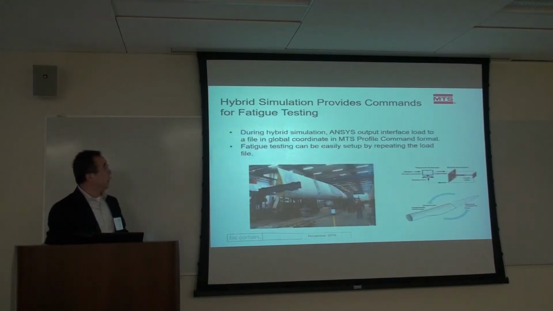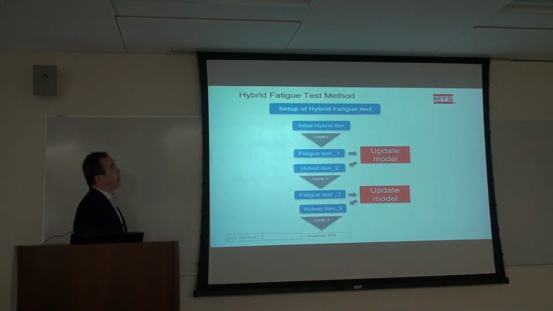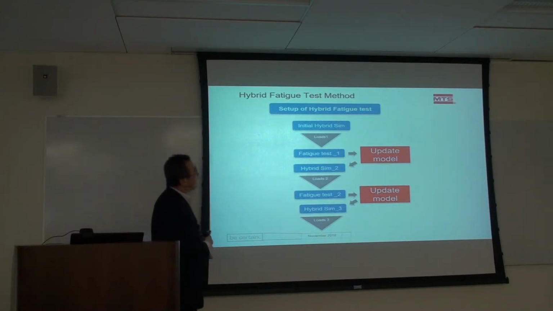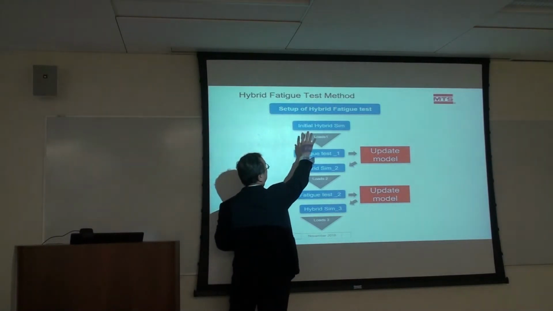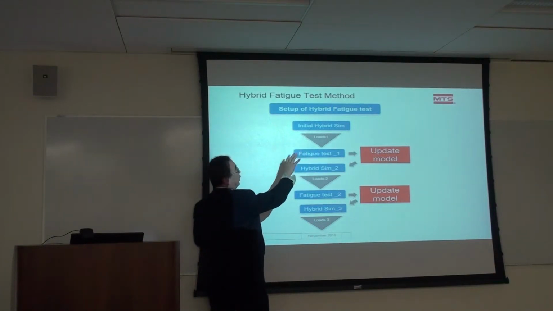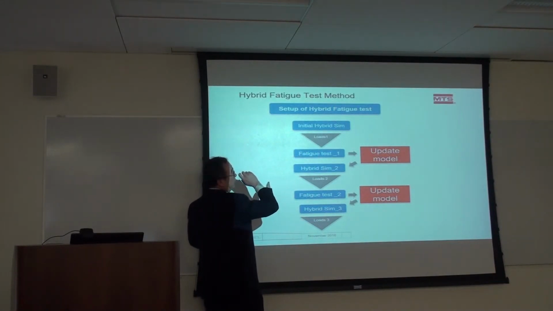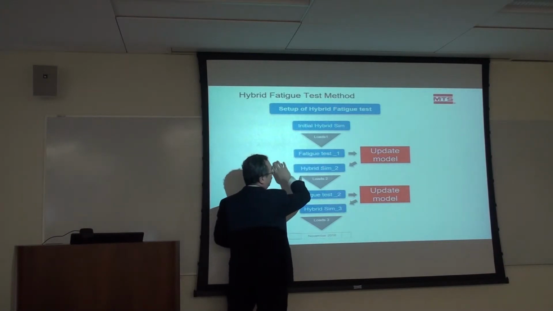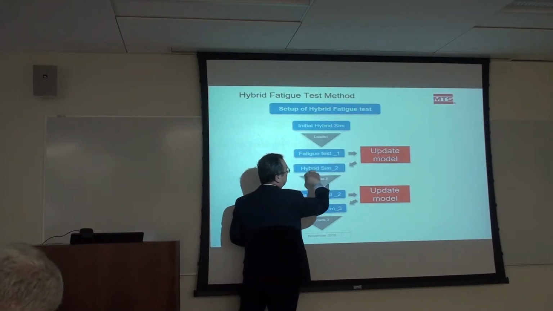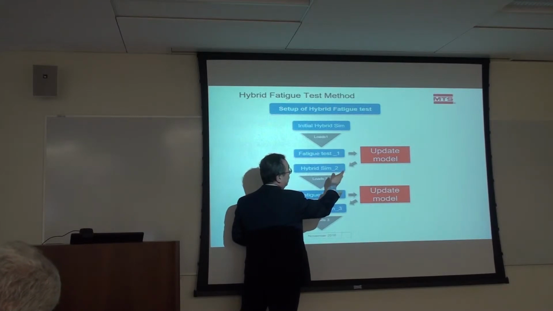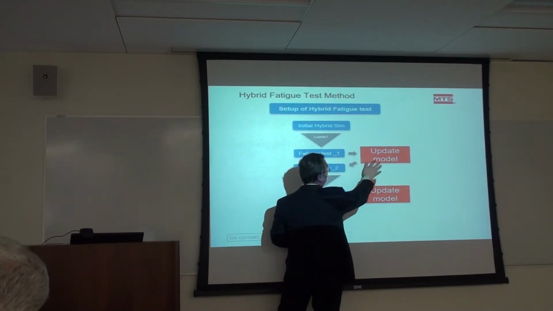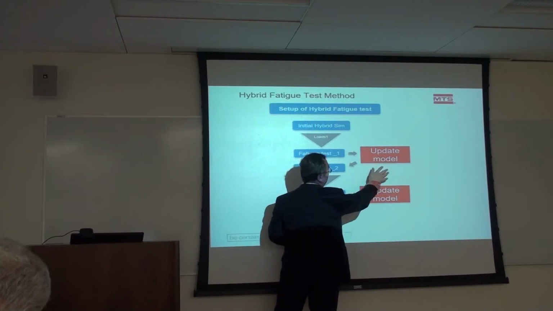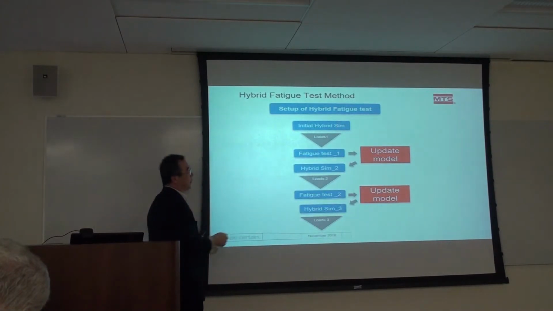So we propose hybrid simulation coupled with fatigue testing. At the very beginning, we do one set of hybrid simulation and get a set of loading for the subsequent fatigue testing. You do a part of the fatigue testing, and then the blade will degrade, and then we do another set of hybrid simulation. In this second hybrid simulation, we do the model update considering the property change.